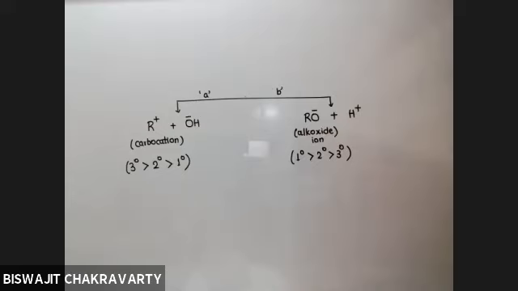Bases. And what are the substances which lose H plus ions called? Acid. Okay, acid. So which alcohol do you think is most basic and which alcohol do you think is most acidic?